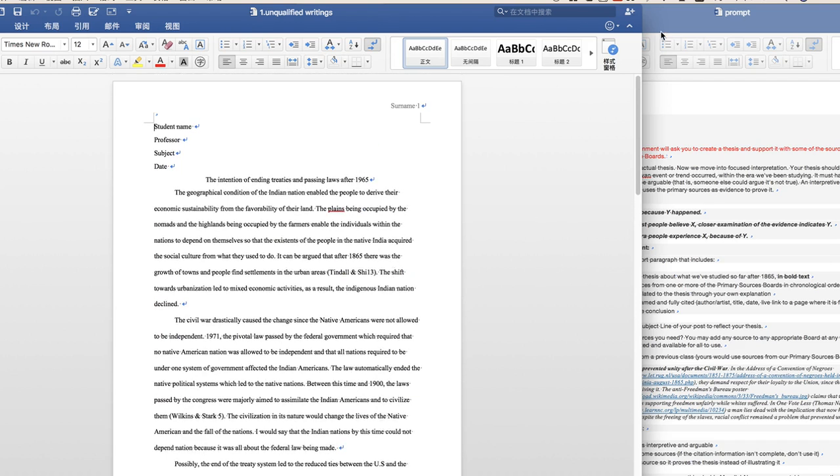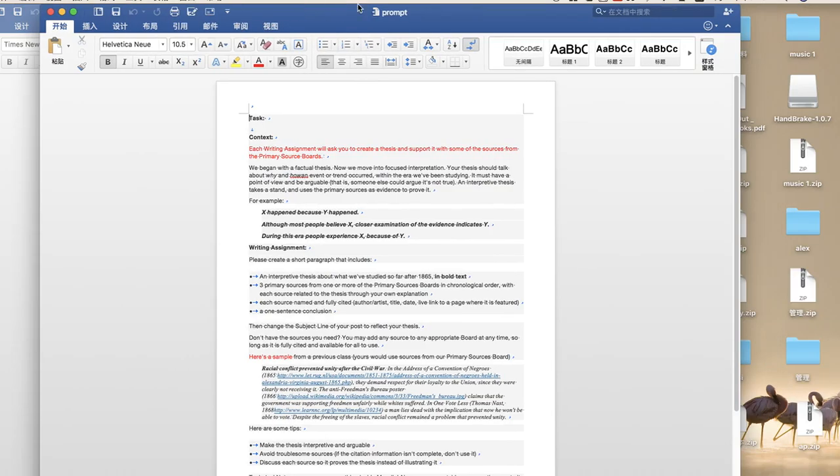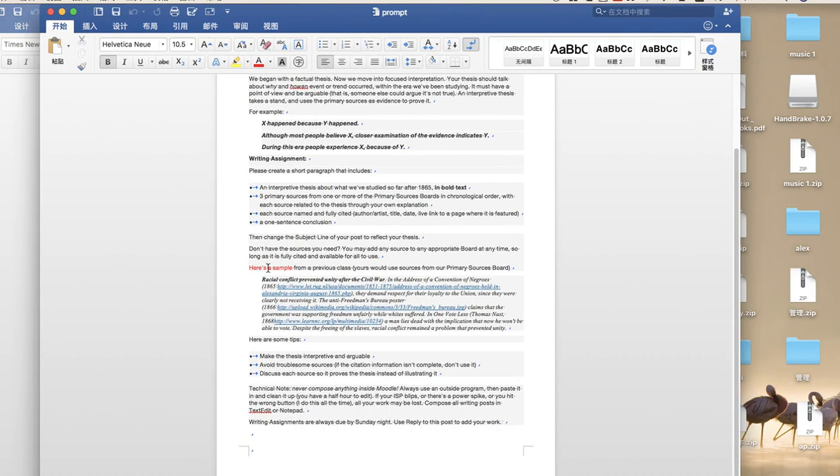In this essay, it completely didn't apply to the prompt, because the professor provided a sample thesis from a previous class, which means your thesis needs to be exactly the same style as the sample, if any sample is provided by the professor.